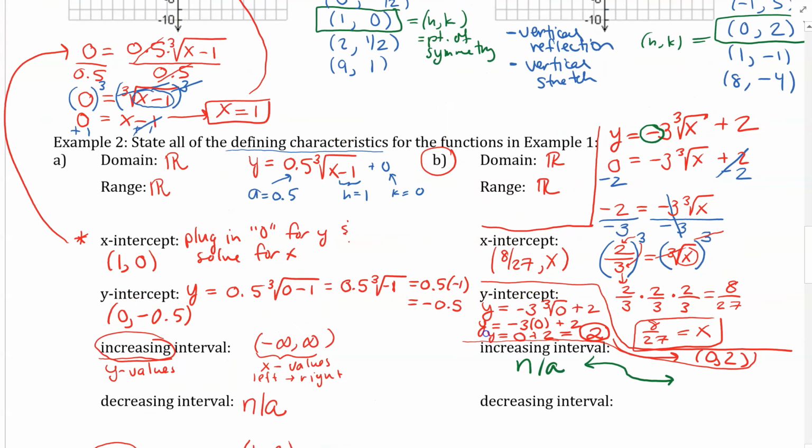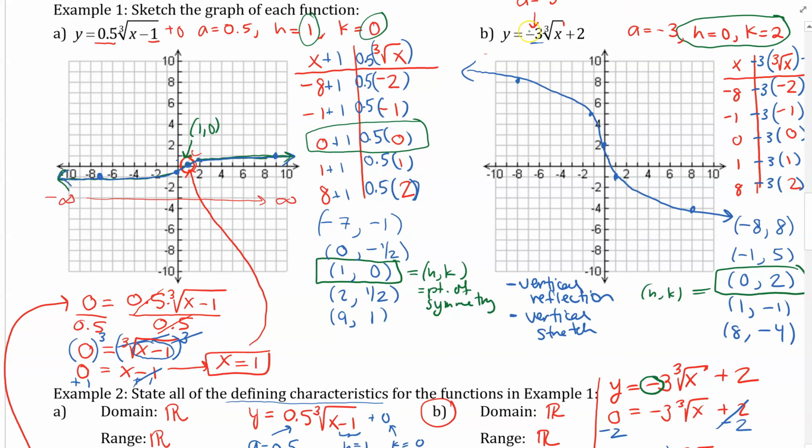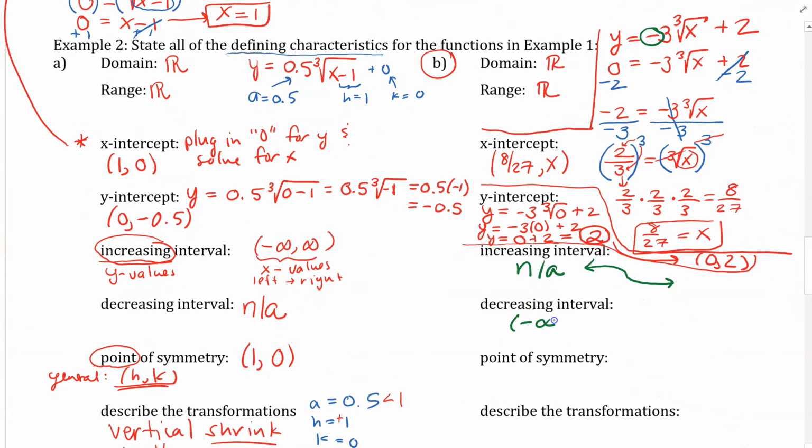We can scroll up to look at the graph, but that's basically what happens when the cube root functions have a negative a value, is they flip over the x-axis, causing the graph to decrease as opposed to increase. And as you follow the graph from -infinity to +infinity, because we're supposed to always read the graphs from left to right, so as you start from the left and go right, the y values are going down the entire time. So that's our answer for the decreasing interval.